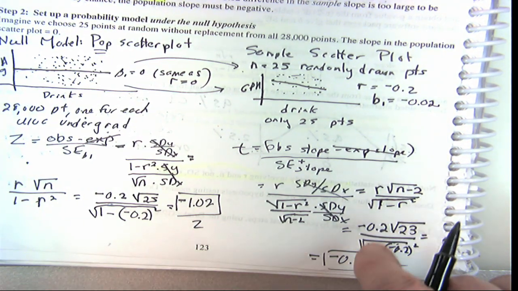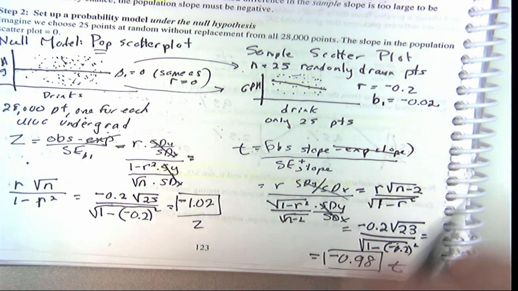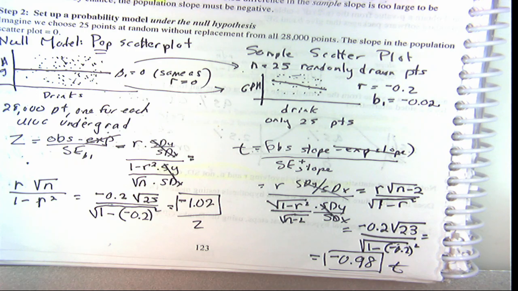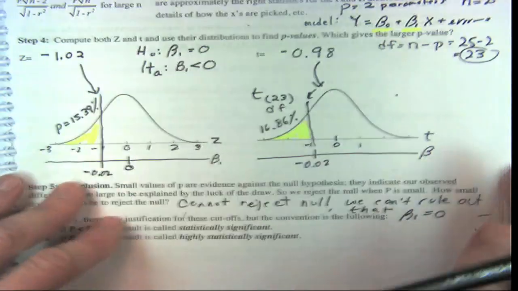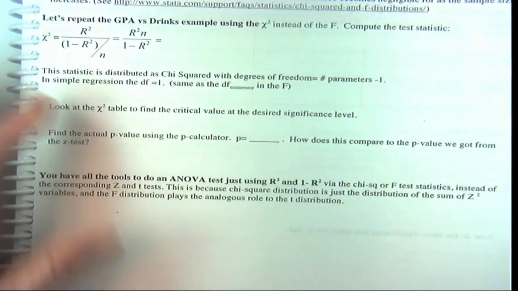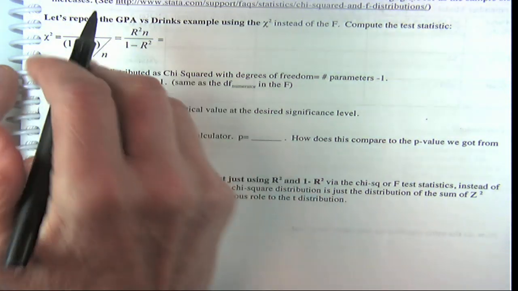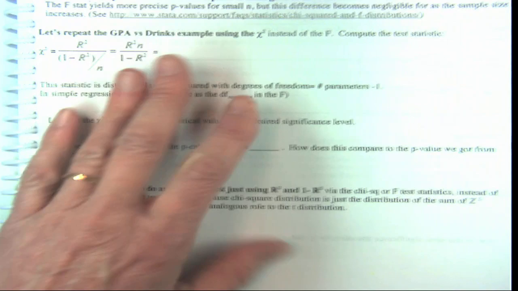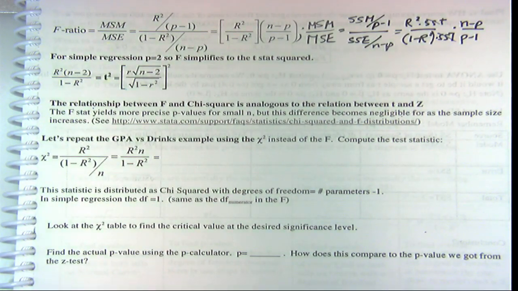So if you square that, you'll get r squared over 1 minus r squared times n minus 2. All right, so now let's do that. So let's just do the same thing. So the relationship between, first of all, are there any questions? I know this is a lot to process right now, but we're going to be doing it a whole lot, and it will come together.